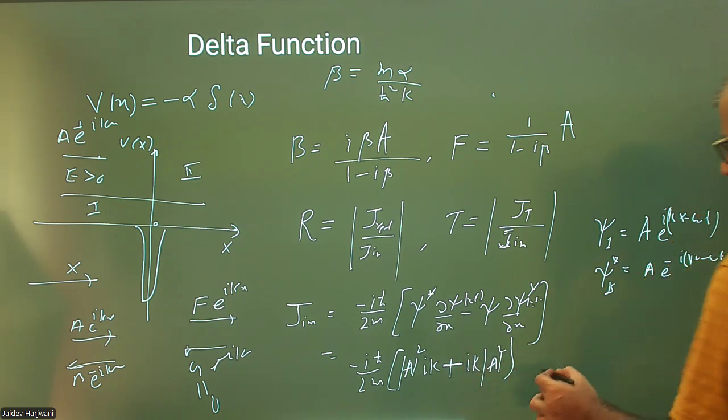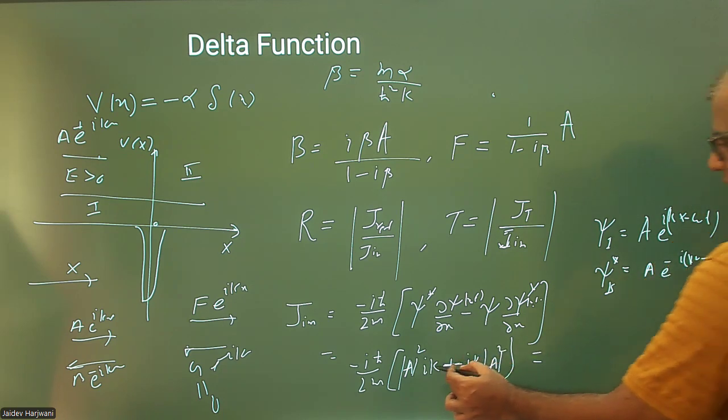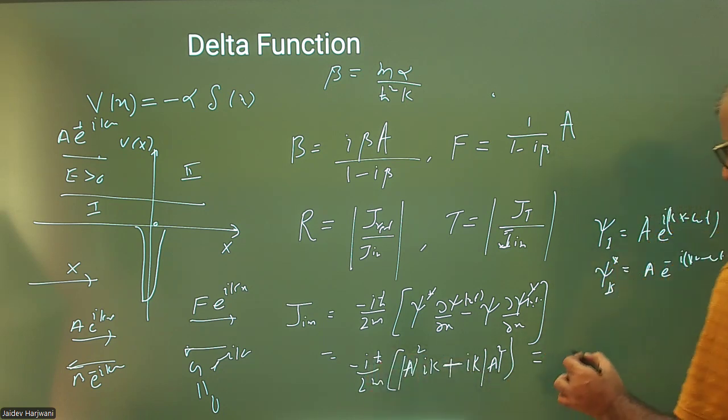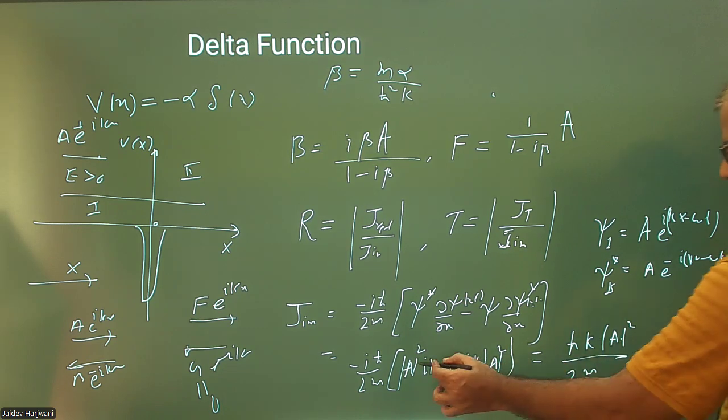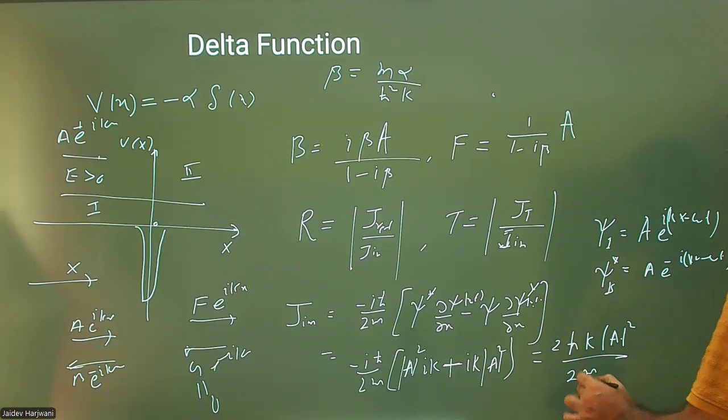So if I solve this one, the iota square minus cancels out, so this will be h cut k mod of a square upon 2m, and this will be 2a square, so 2 cancels. So this gives me h cut k upon m mod of a square, j incidence.